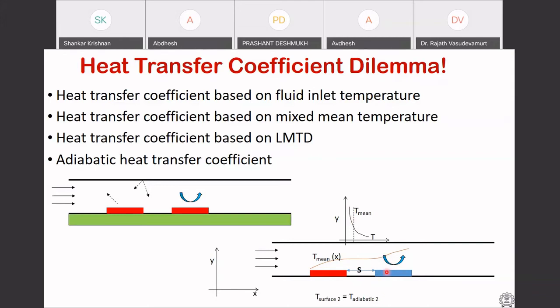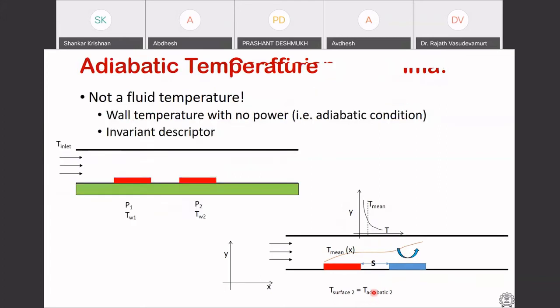The temperature of the second heat source, when it is powered off, because of the influence of the upstream heat source, is what is defined as the adiabatic temperature. So we use this solid temperature, not the fluid temperature, as a way of writing our adiabatic heat transfer coefficient.